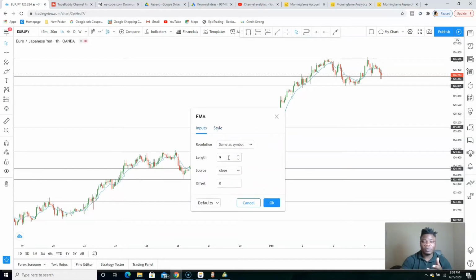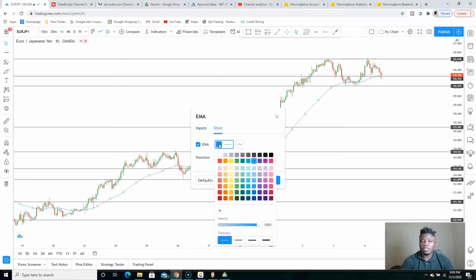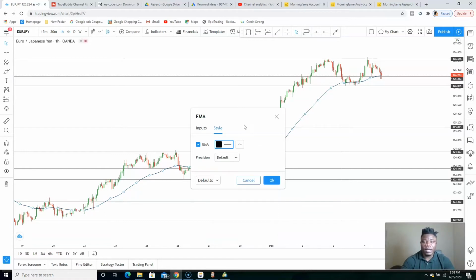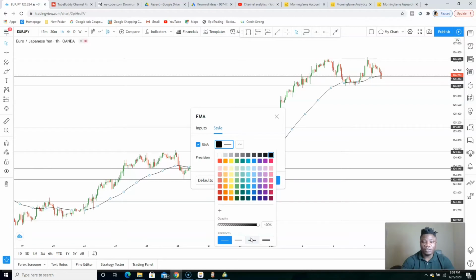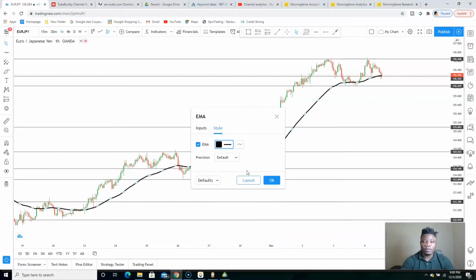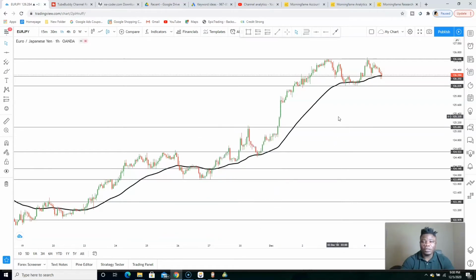You go to input, you only focus on the length, and we change that to 50. For the style, you don't have to use the same color as mine, but because I'm using a white background, I prefer using black. And then I usually change this thickness to the third one, and then you click on OK.